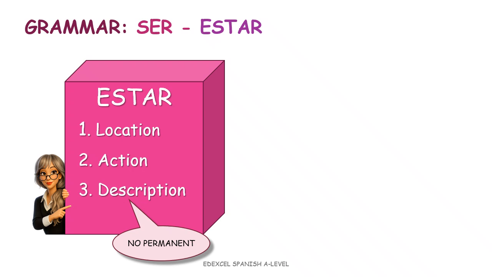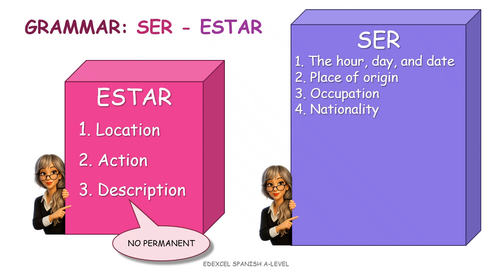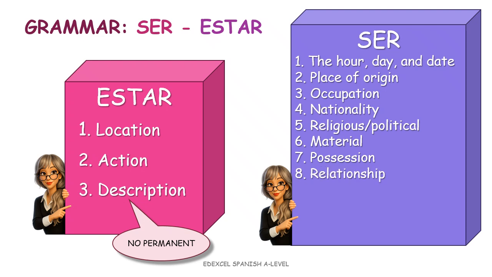You have another video. And we use ser when we are expressing the hour, the day and the date, place of origin, occupation, nationality, religious or political affiliation, the material something is made of, possession, relationship, certain impersonal expressions like it's important, it's better, it's worse.